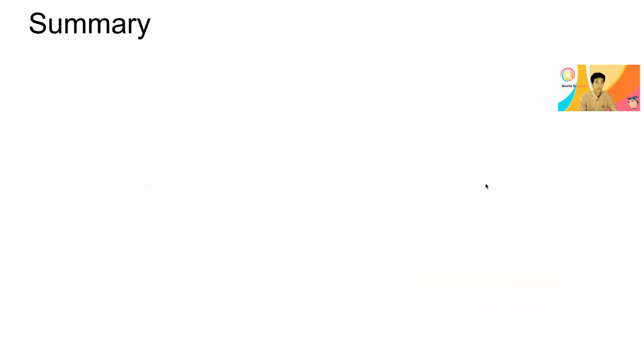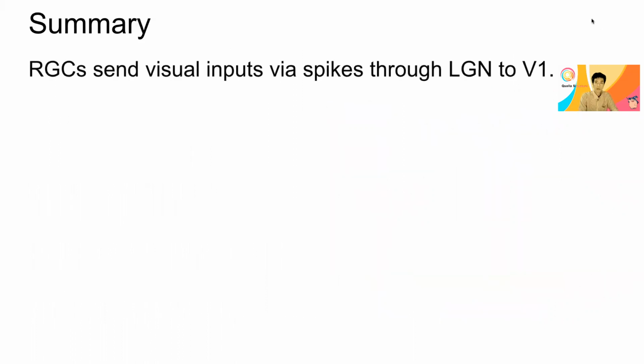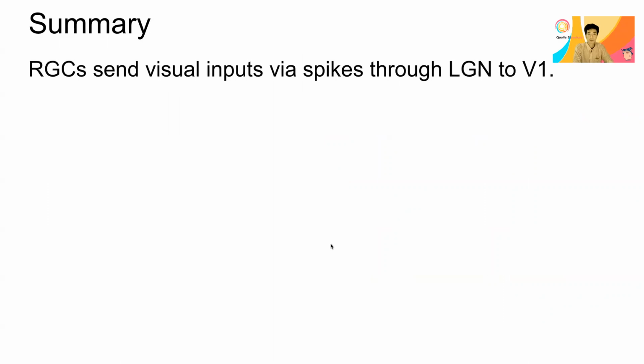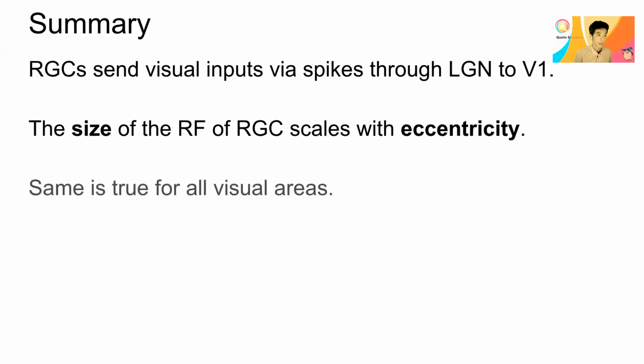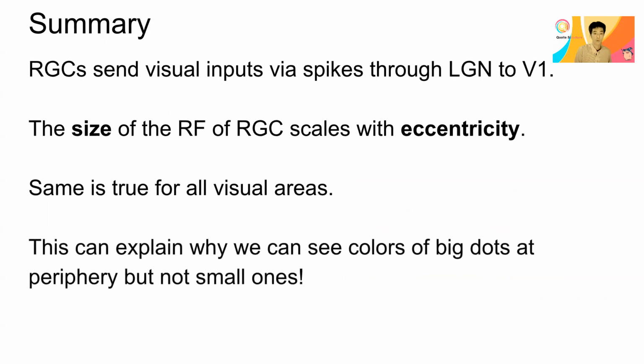Okay, so in sum, retinal ganglion cells send visual inputs via spikes through the LGN to V1. The size of the receptive field of a retinal ganglion cell scales with eccentricity. It becomes bigger and bigger at the periphery. And the same is true for all the visual areas. And this can explain why we can see colors of big dots at the periphery, but not small ones.